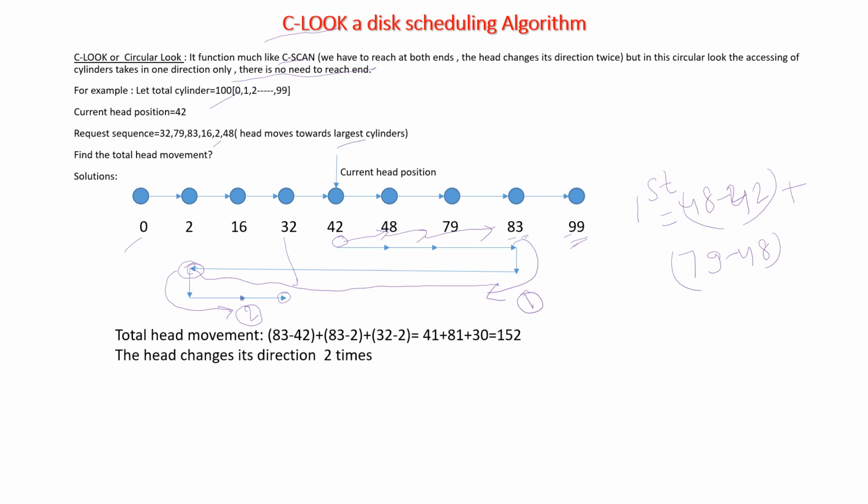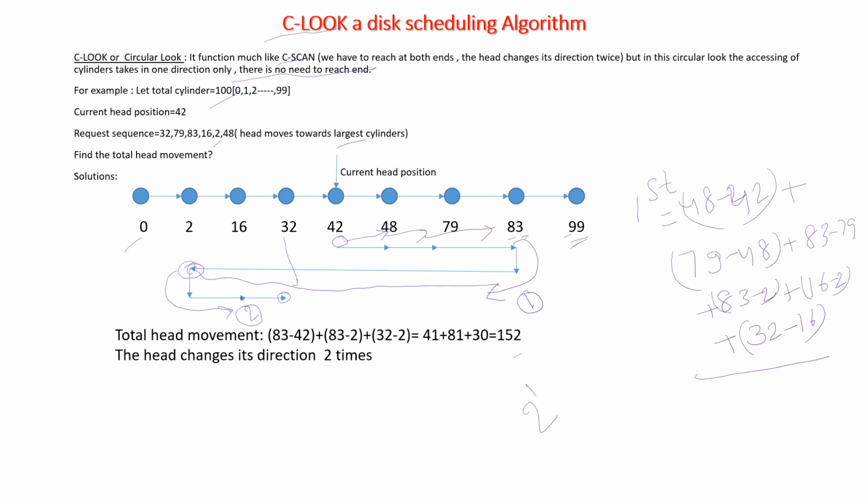Then from 83 we subtract 79. Then from 83 it has reached 2, so 83 minus 2. Then from 2 it has reached 16, so 16 minus 2, then from 16 it has reached 32, so 32 minus 16. If you calculate with this first method, the total you will get is 152.